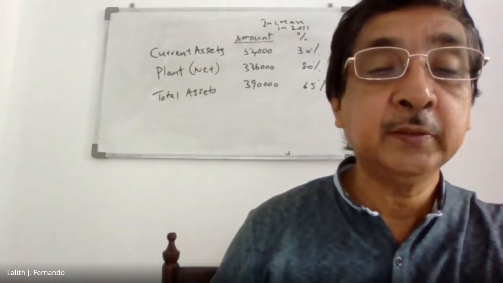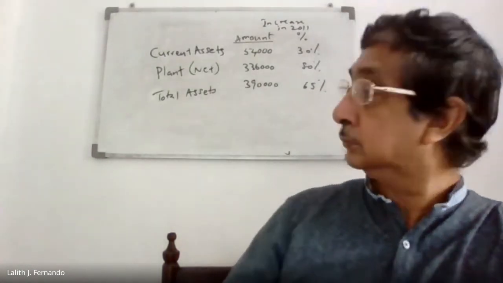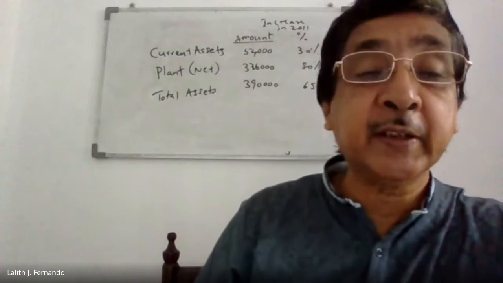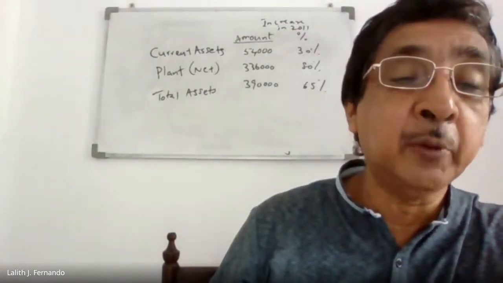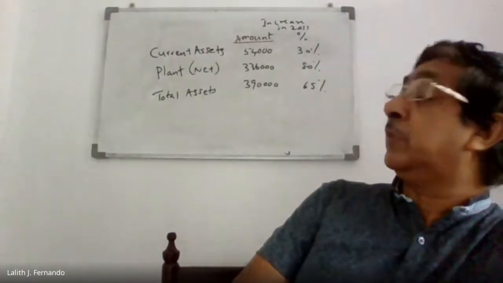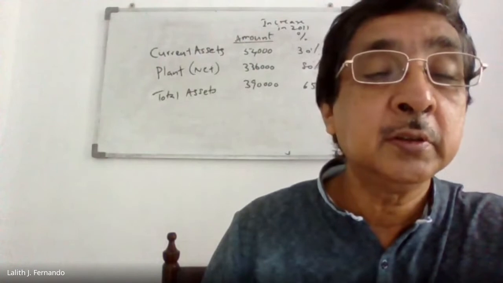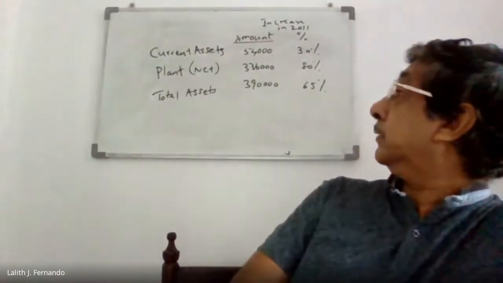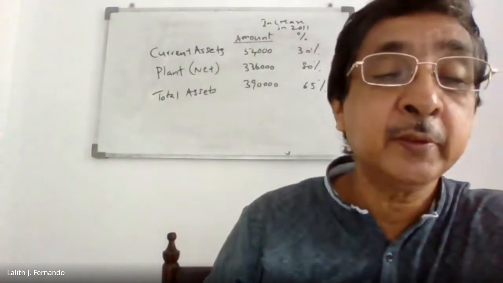You can see the current assets increase by 30%. As an amount, it is 54,000. Plant assets 336,000, and as a percentage it is 80%.